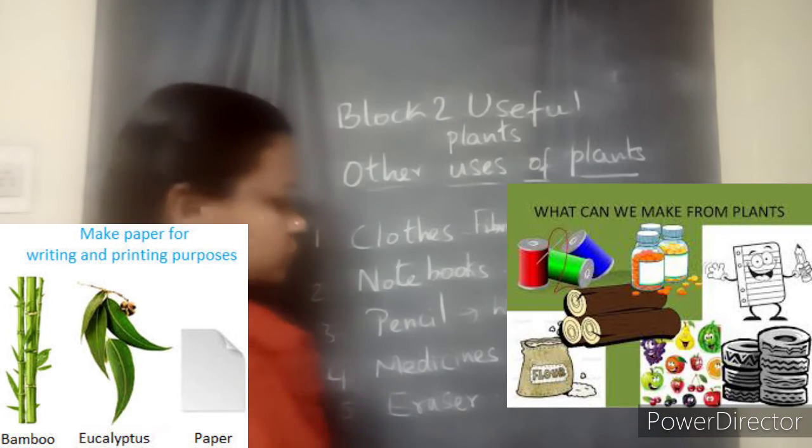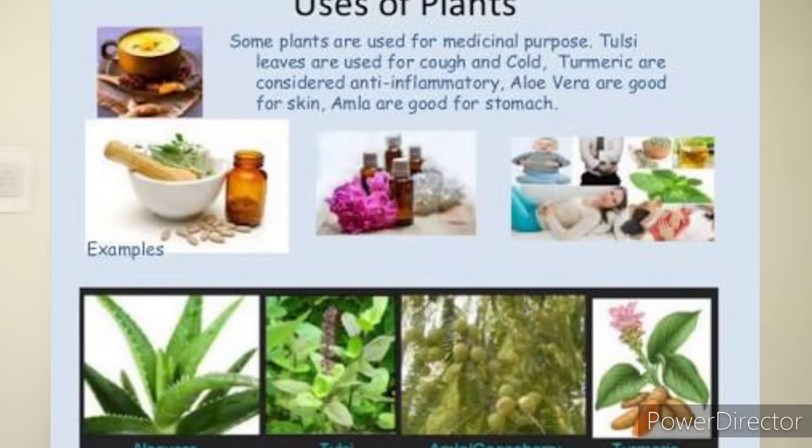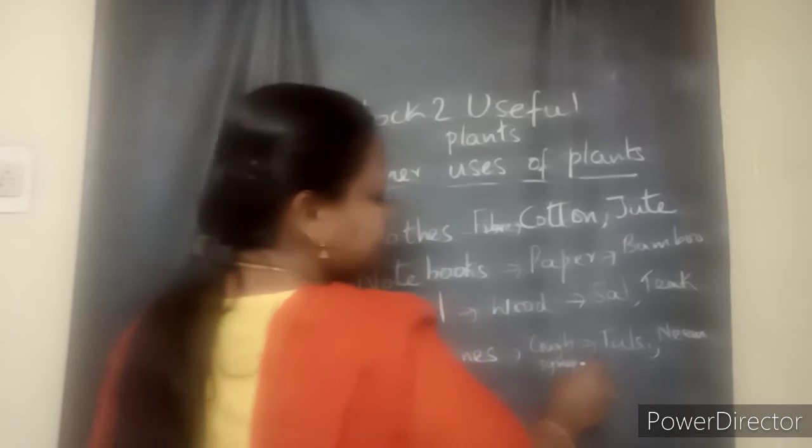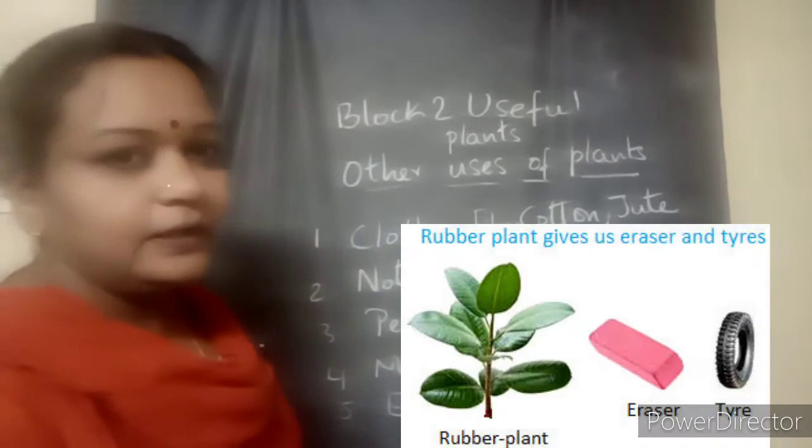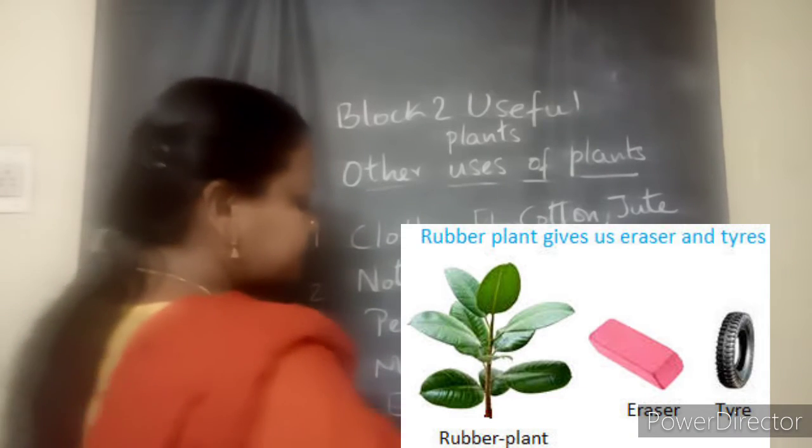And medicines. We take different types of medicines. Tulsi and neem are all medicinal plants. Some medicines, like cough syrup, we get from Tulsi, and from neem for the skin and all.